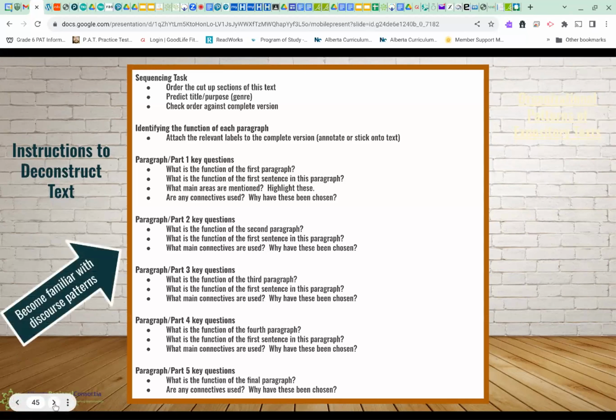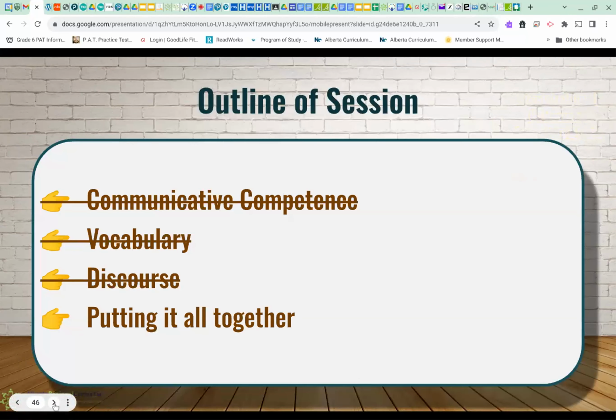It helps students become familiar with those discourse patterns. Click once more, great. That's just making things explicit for our students, so they can play with that language, giving them language frames and sentence starters to start their thinking in comparing or clarifying or whatever it may be.